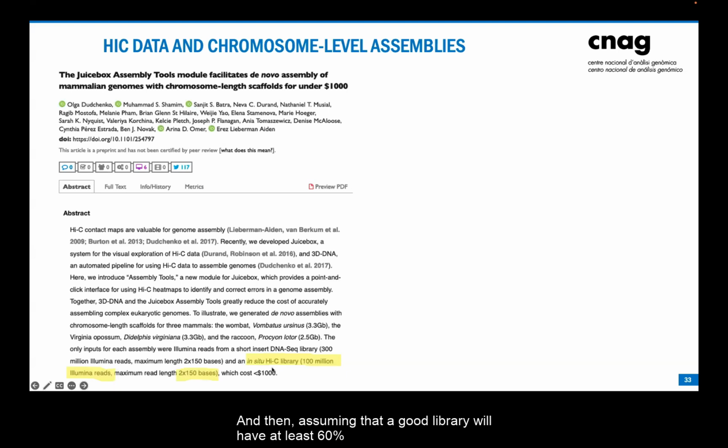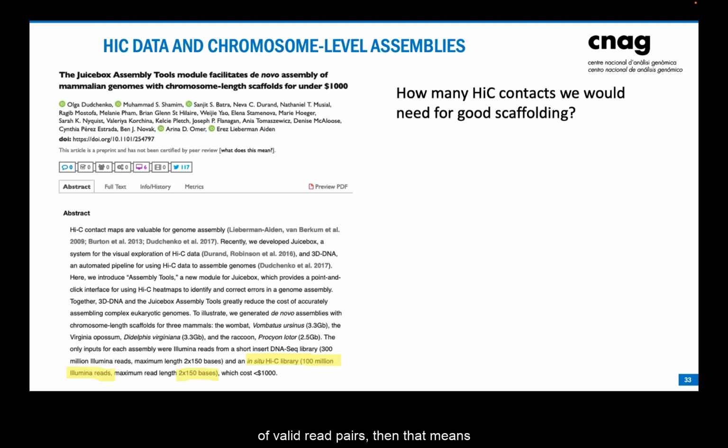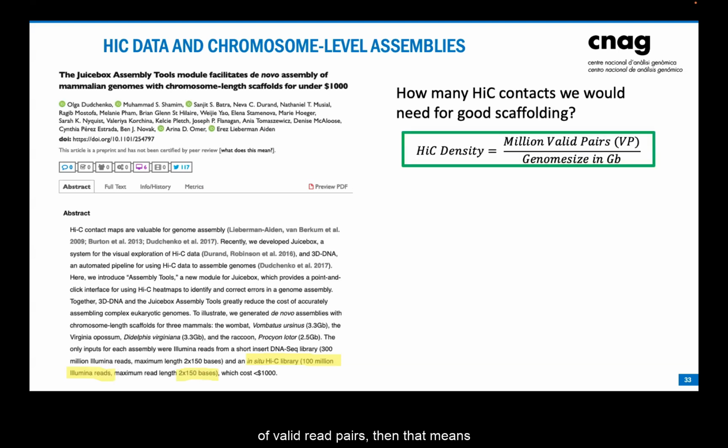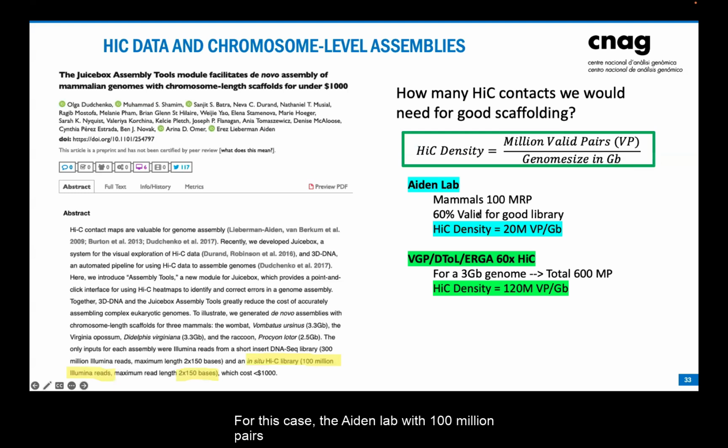And then, assuming that a good library will have at least 60% of valid read pairs, then that means that I could estimate kind of my HiC density. That would be the million valid pairs per gigabase of genome.